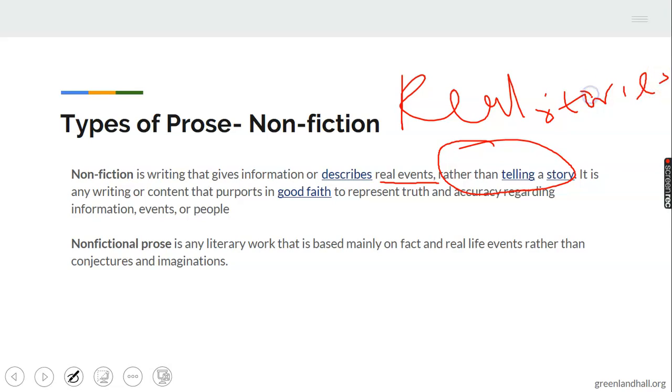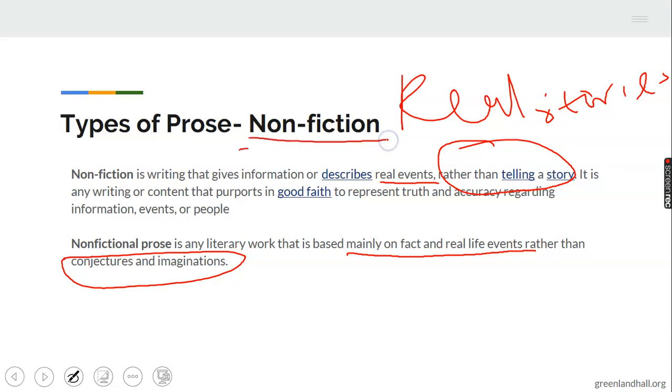That is, here, you don't invent anything. You discuss products of your experience, what you have experienced. I said it's based mainly on facts and real life events, not conjectures and imaginations. So these are real life stories. Non-fiction is a real life story, not imaginations.